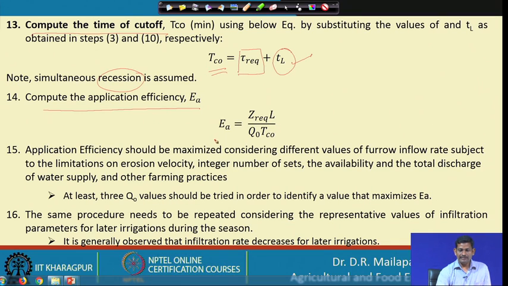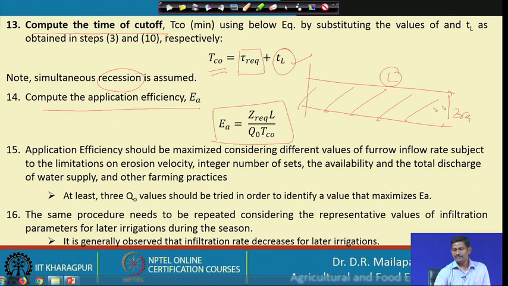So, now E A, which is application efficiency, is Z required into L. So, this is Z required and this is L, right. This amount of water is being used for infiltrating the surface out of Q naught into T CO. So, this flow rate you continuously irrigate up to this many hours. So, this is the total volume.